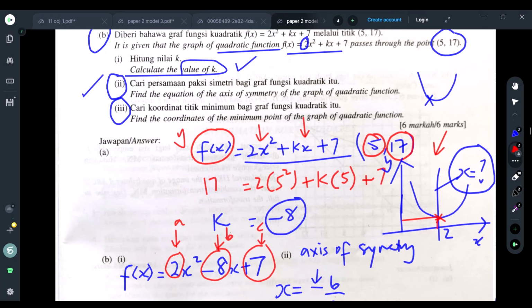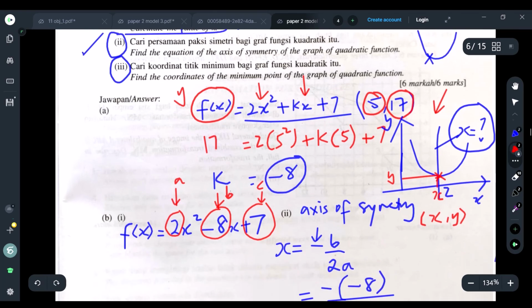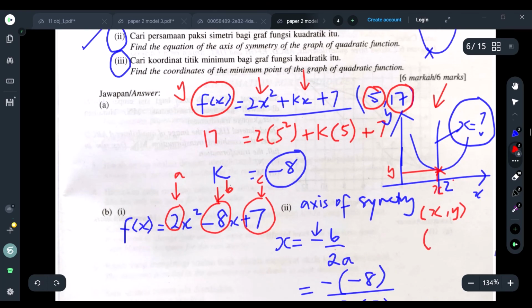This is your x, this is your y, so the minimum point is (x, y). But in this case, your x is 2, so (2, y). This is your minimum point.